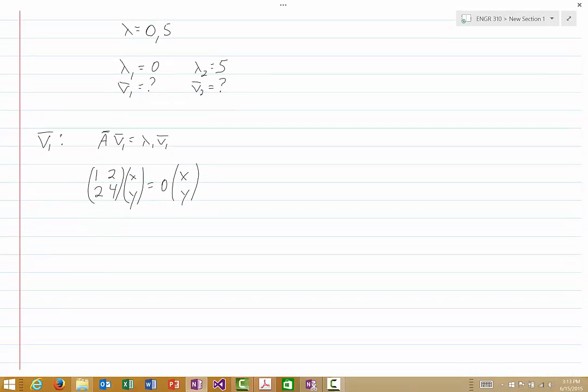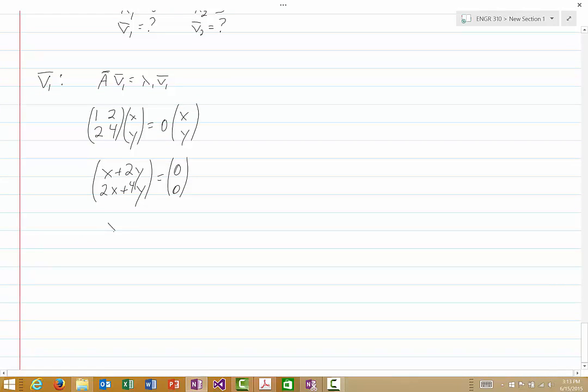And now when we multiply both the left side and the right side, we get x plus 2y, 2x plus 4y. And on the right, we will get 0, 0. And so x plus 2y is 0, and 2x plus 4y equals 0.